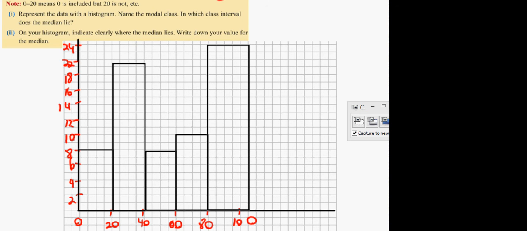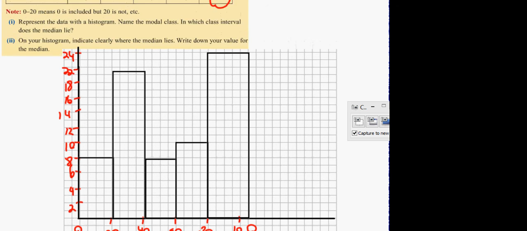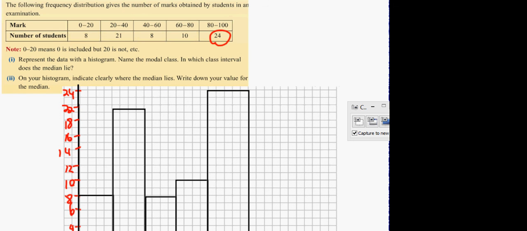Now it wants me to find out where the median lies. So I have to find out how many students there are in total. When I add all these together, how many students is there in total? Can somebody tell me please? That's going to be 37 plus 34, 71.